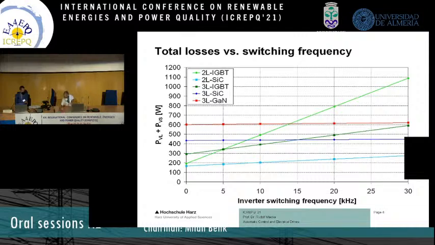It compares the 2 and 3-level inverters with IGBTs and wide bandgap MOSFETs at 150 degree junction temperature. The wide bandgap materials achieve an extreme reduction in switching losses, and the lowest losses occur in the 2-level inverter with silicon carbide MOSFET. This is the light blue curve. However, further advantages of the multi-level inverters would be lost in this case.